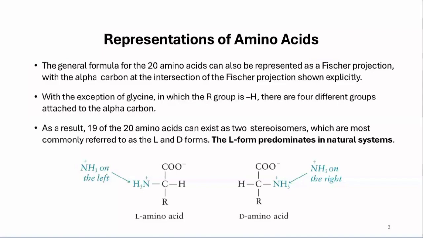As long as you have the carboxylate group pointing on the top part of the alpha carbon, the R group pointing down in the alpha carbon, and you have horizontally the hydrogen and the amino group, then you can determine which amino acid is L versus which amino acid is D. So in an amino acid where the amino group is pointing towards the left, that is an L stereoisomer.